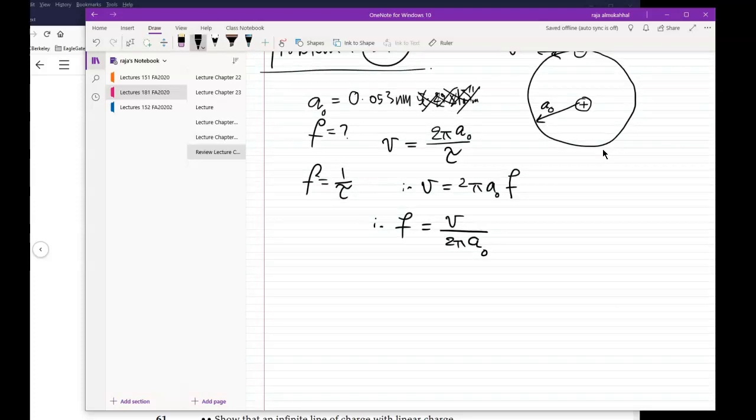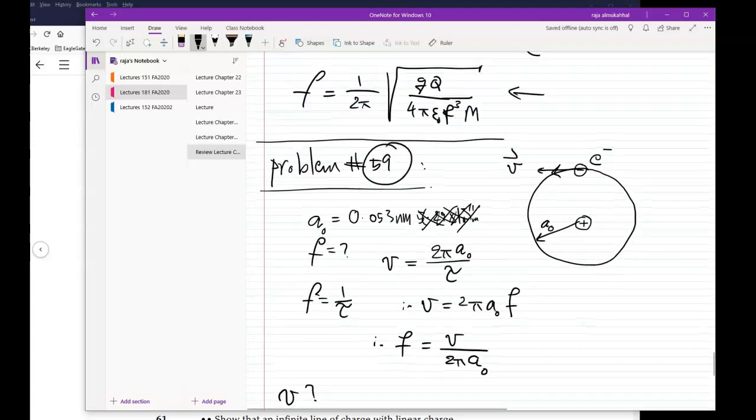How do I find v now? You can pause the video and think about it. But again, go back to the picture. As I told you before, whenever you see something going around something else, think of centripetal acceleration and centripetal force. Of course, the centripetal force here is nothing but the Coulombic attraction between them, right?